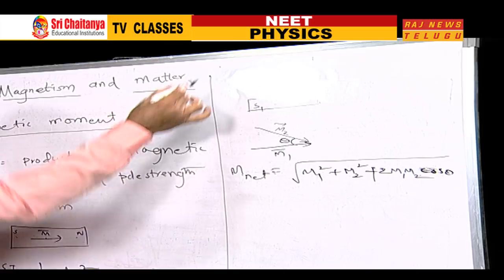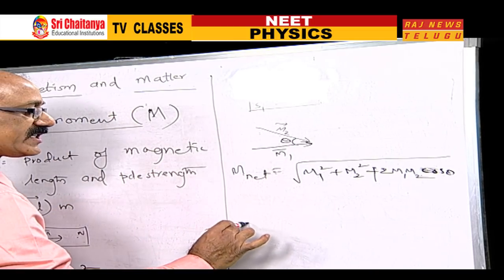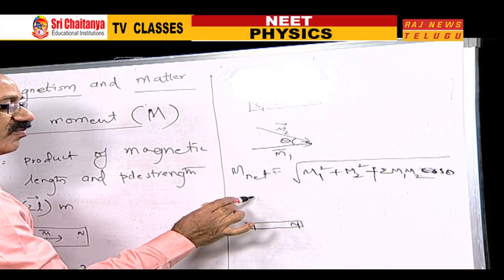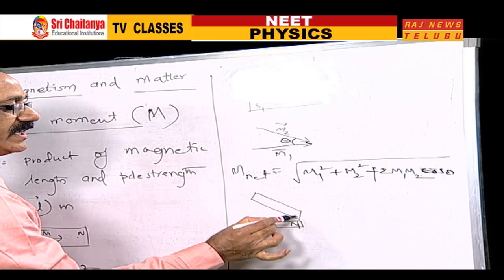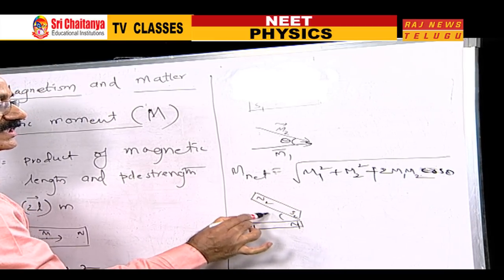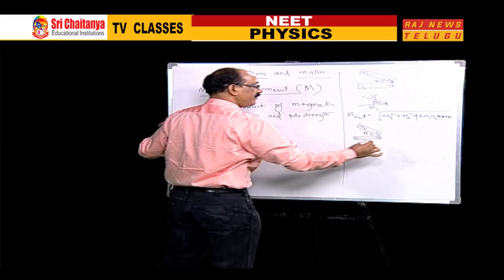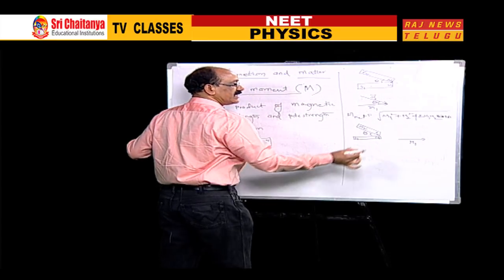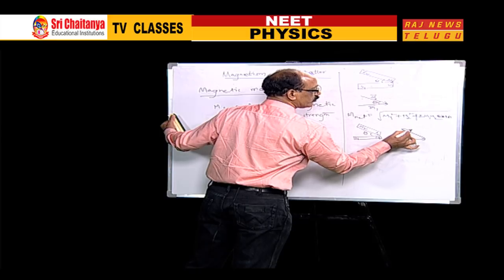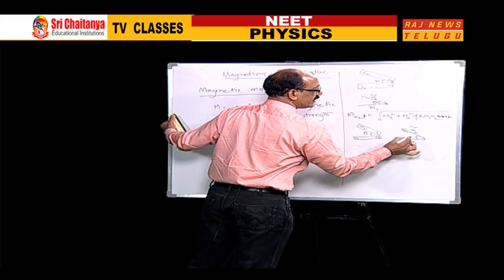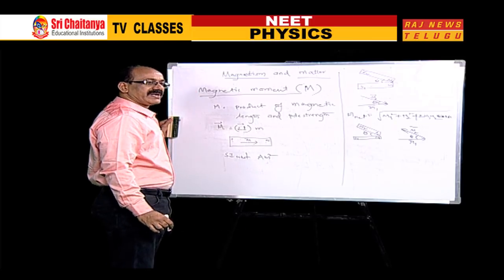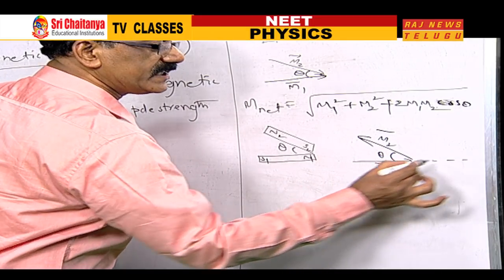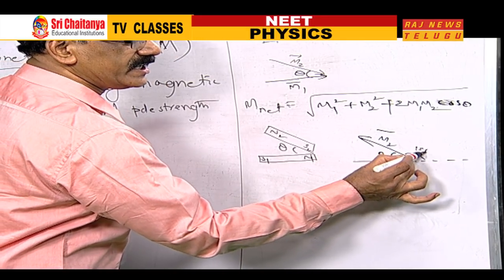Similarly, if these magnets are arranged with their unlike poles touching, this is one bar magnet S1 N1 of magnetic moment M1, and this is another bar magnet, S2 N2, with the angle between them theta. The magnetic moment vector M1 is like this, and M2 is like this. This is the physical angle that we see, but the angle between the vectors is the angle between their directions. Therefore we have to extend it like this, and if this is theta, this is 180 minus theta.